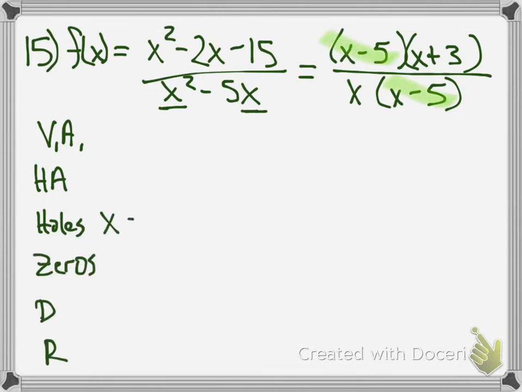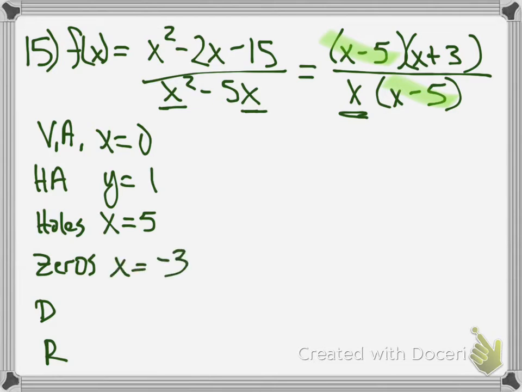I would have an x left over, so my vertical asymptote would be at 0. The zero would be at the x plus 3, and the opposite of that is negative 3. Because my degrees are the same, 1 divided by 1 is 1 for the horizontal asymptote. And there's my domain and range again.